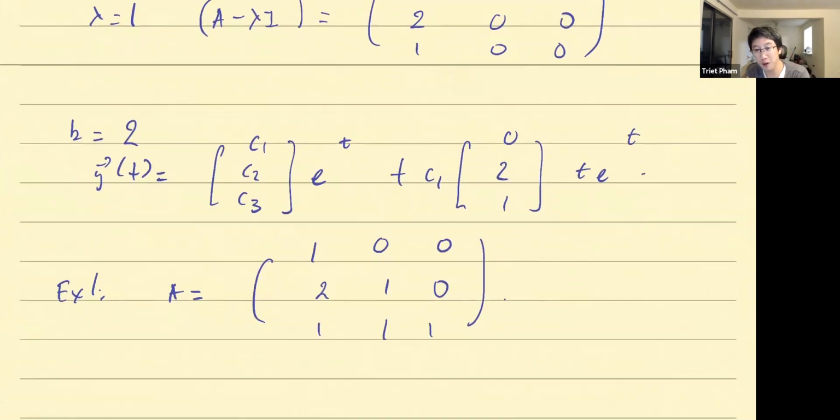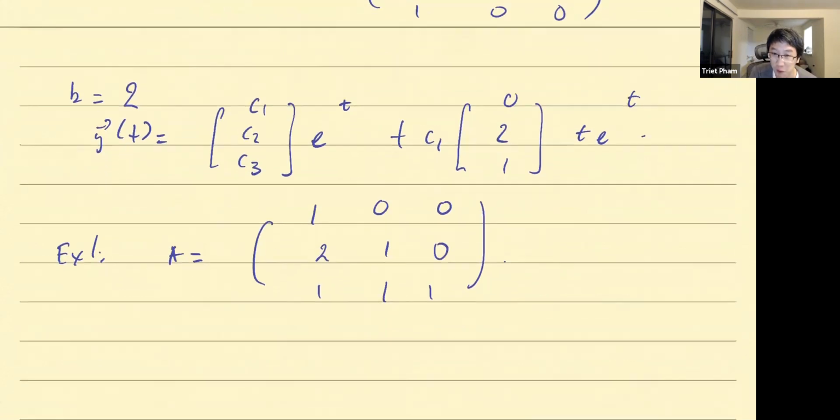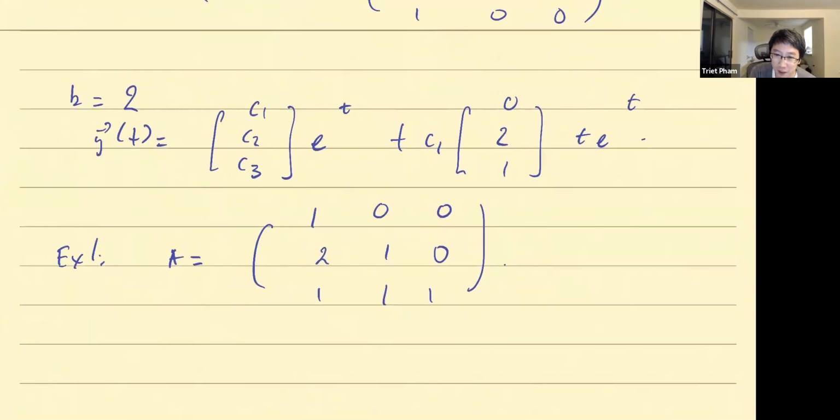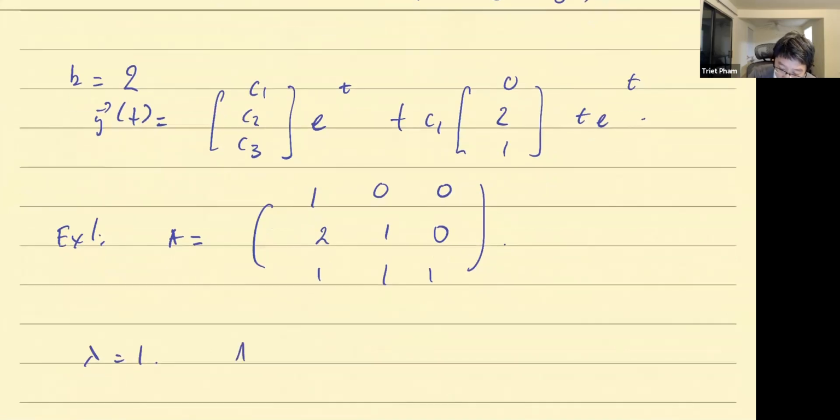Oh no, 4 by 4 is too much, Sagar. You don't want to sit there and see me doing 4 by 4. You can play with yourself, but no, I refuse to do 4 by 4. So here, lambda equals 1. But when you plug in A minus lambda I, what do you get? 0, 0, 0, 2, 0, 0, 1. Sorry, 1, 1, 0.